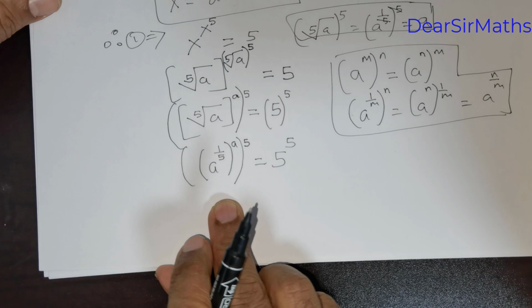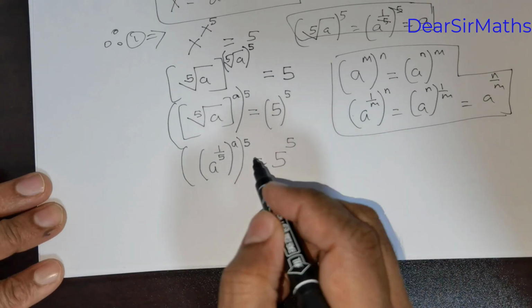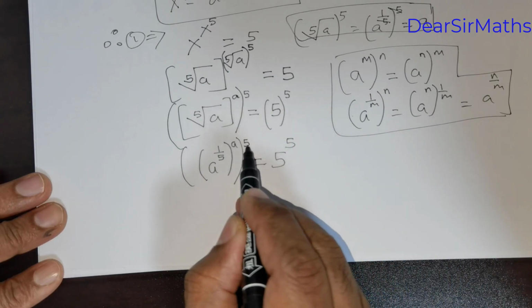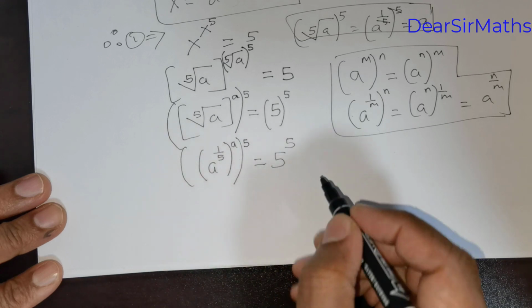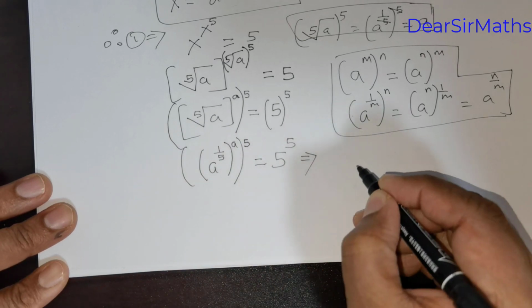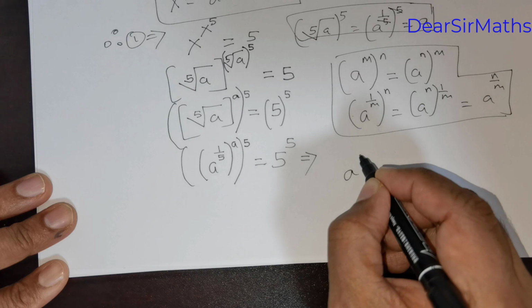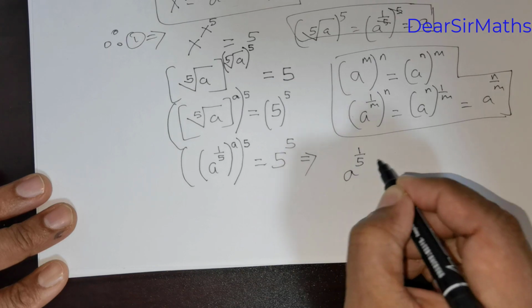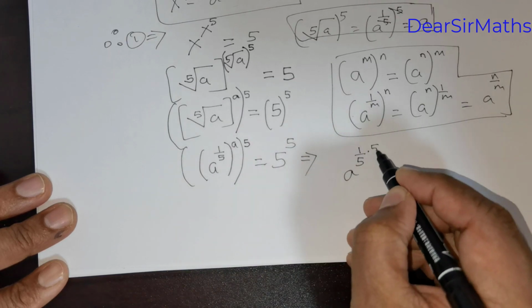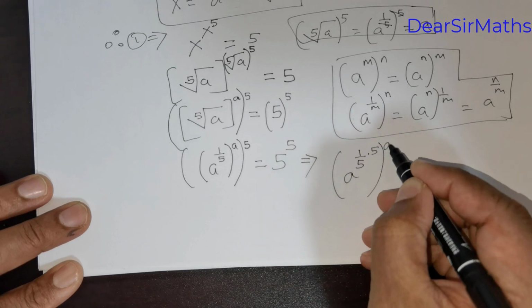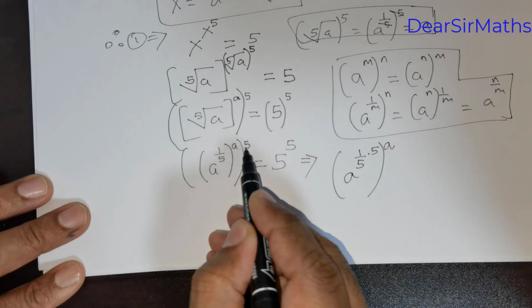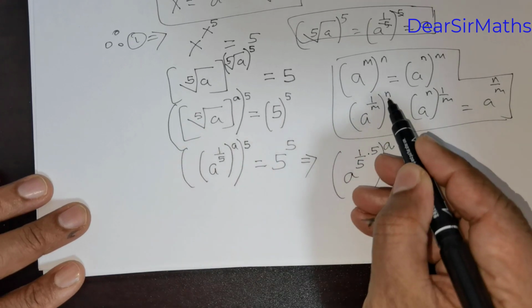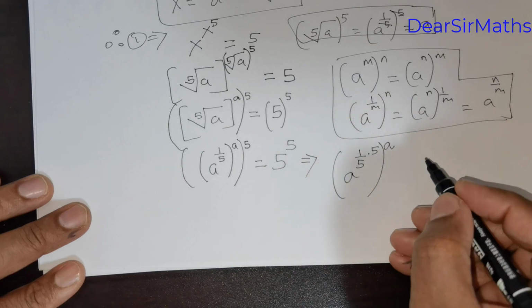Okay? So what exactly I wish to do is move this 5 inside. So if I were to move that 5 inside, I would have a raised to the power of 1 over 5 times 5, the entire quantity being raised to the power of a. So I'm just moving this 5 inside, like the way I moved this n inside.